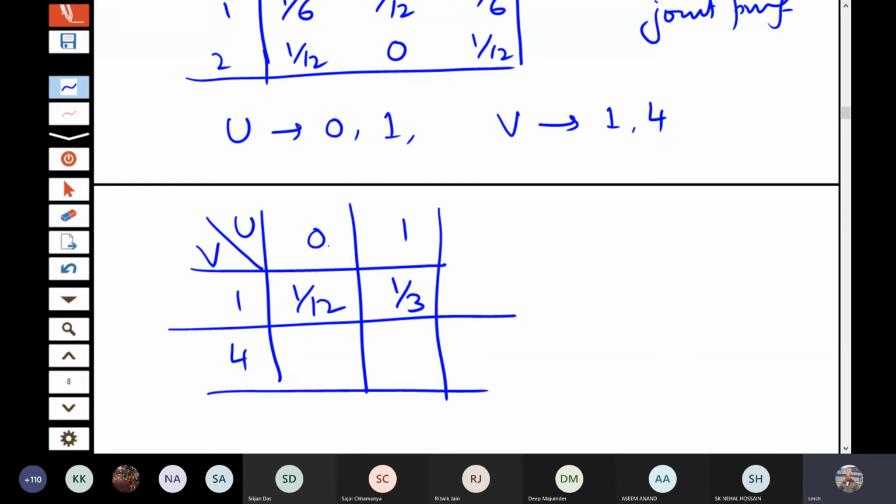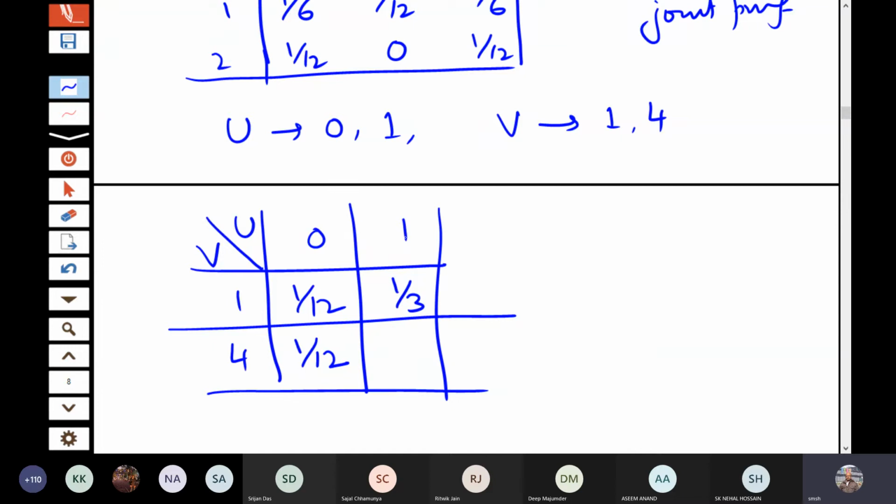Similarly, what is the probability U is equal to 0, V is equal to 4? That is X equal to 0 and Y equal to -2, and X equal to 0 and Y equal to +2. So that is 1 by 12 plus 0, that is again 1 by 12. And then the probability that U is equal to 1, V is equal to 4? Here you will have 4 combinations.